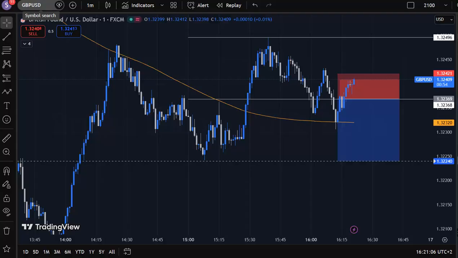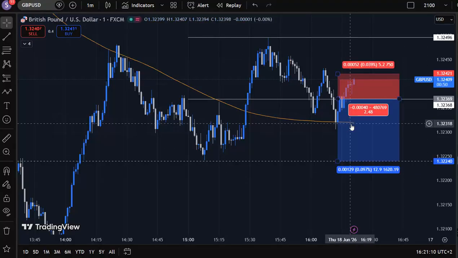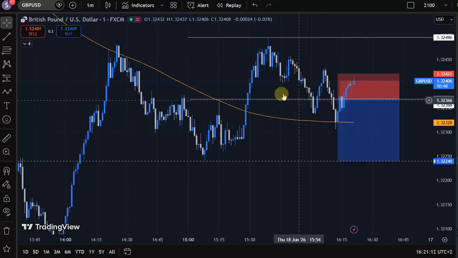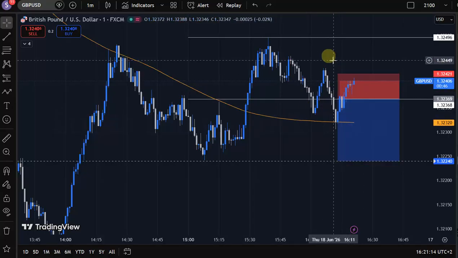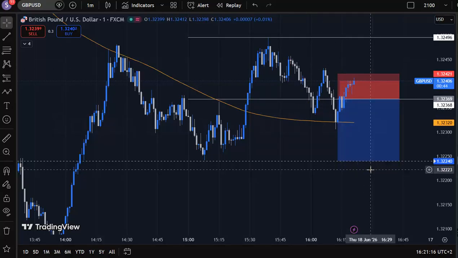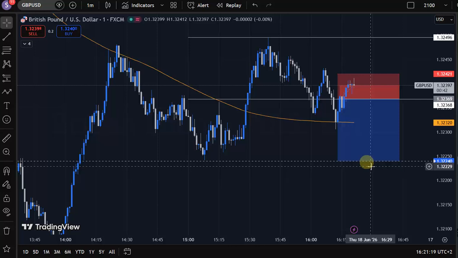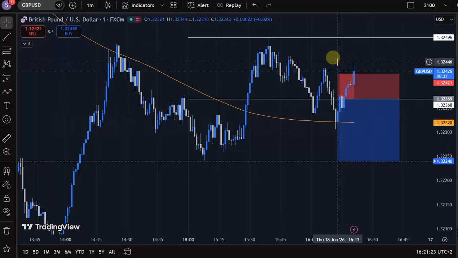With this doji, price will go up as I was saying, and then the rest is history. I can be liquidity for price to go down and to hit the target, or I can just be liquidity fueling the price to go up, as I said.